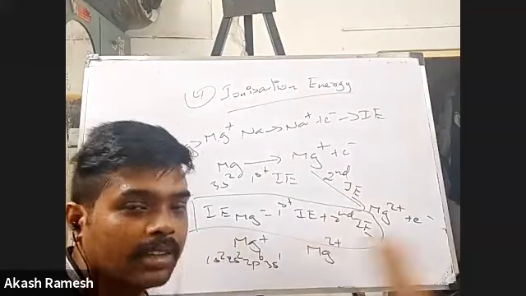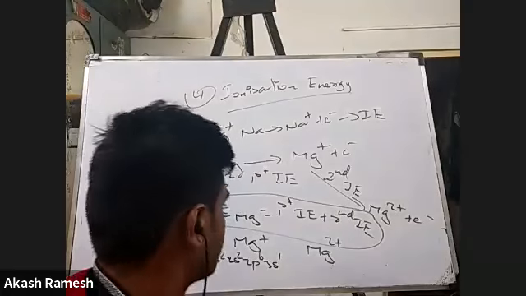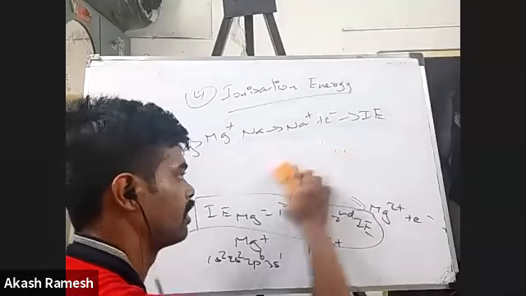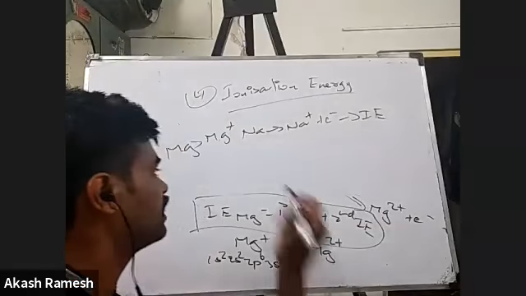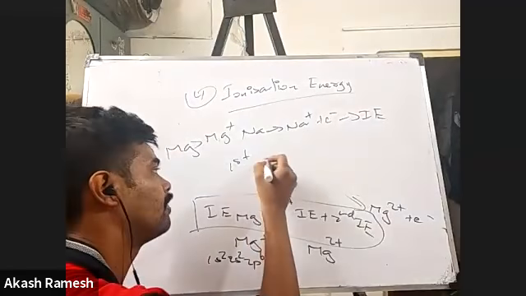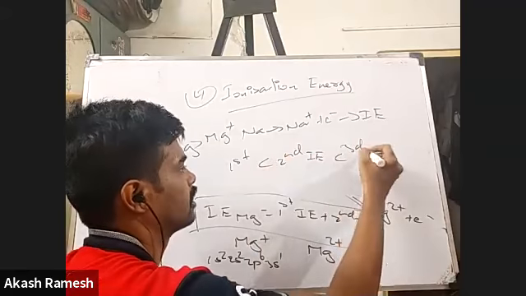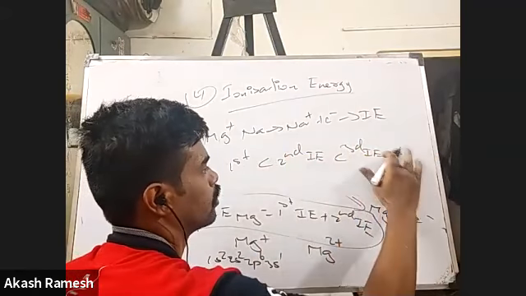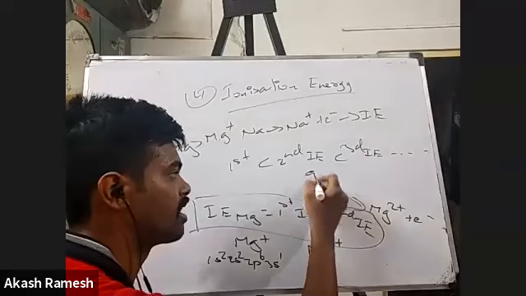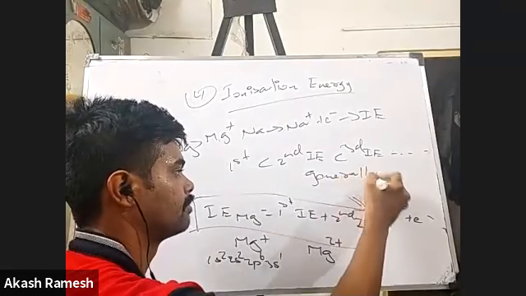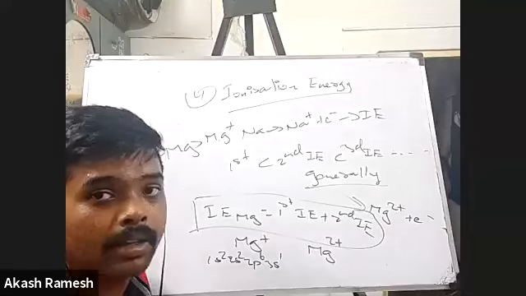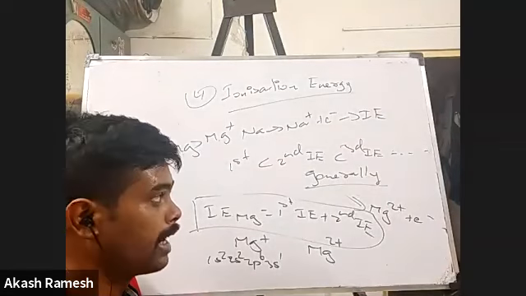Not only in this case, please understand this: the first ionization energy will always be lesser than the second ionization energy, which will always be lesser than the third IE, and so on. Not always, this is the general case. There can be a problem if you just blindly follow this.